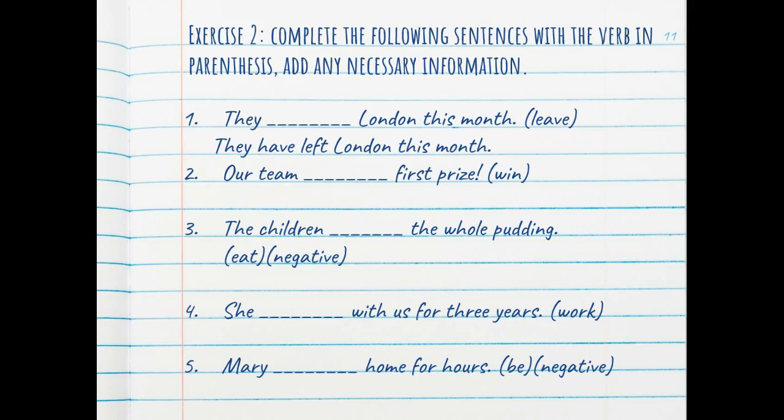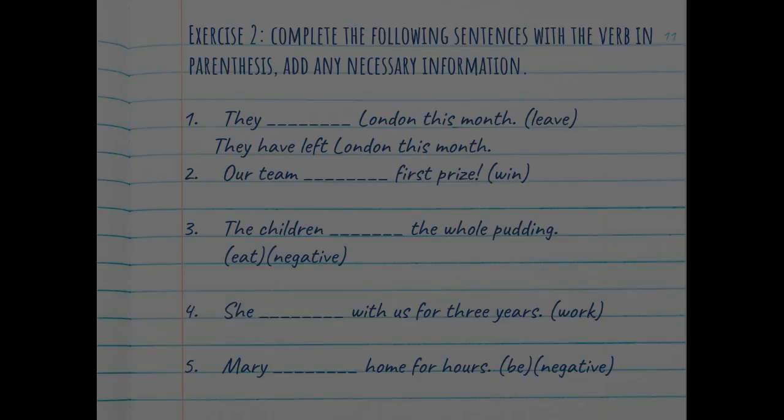Okay? You are given a time frame, but again, it hasn't finished the month. So it's okay to use it in this case. Again, this second activity shouldn't take you more than 10 minutes for you to complete it and then discuss with your classmates the answer.